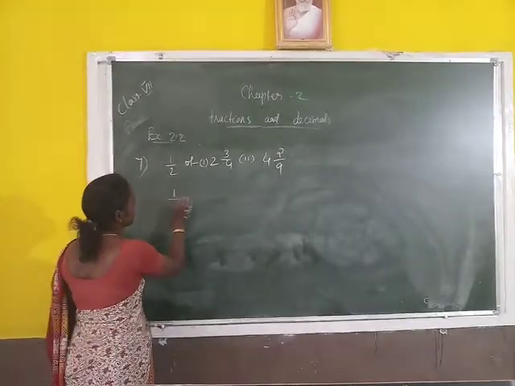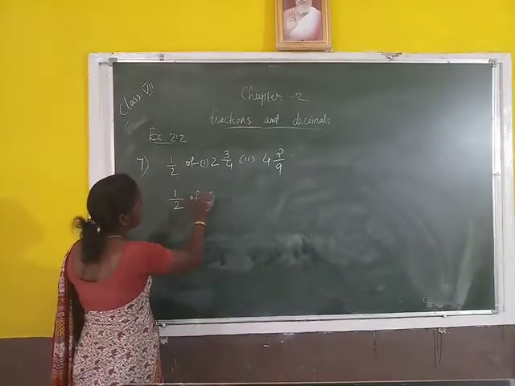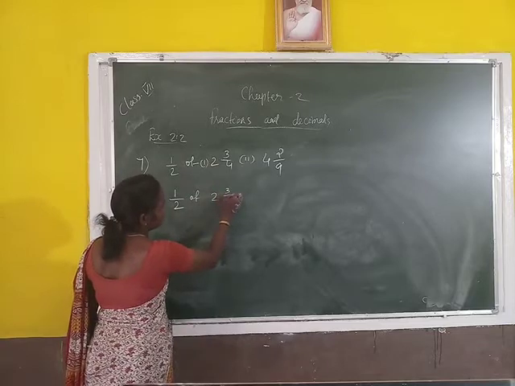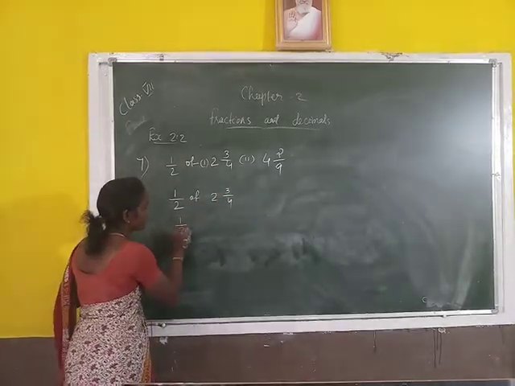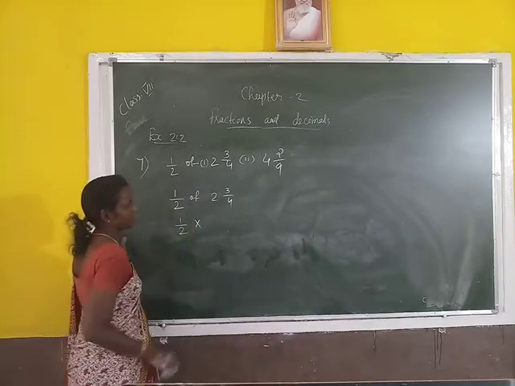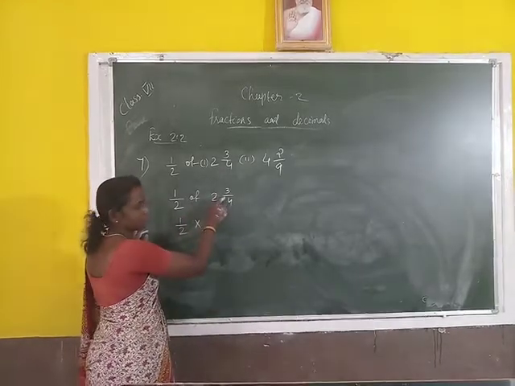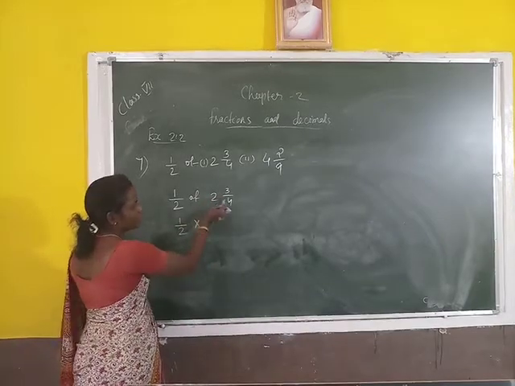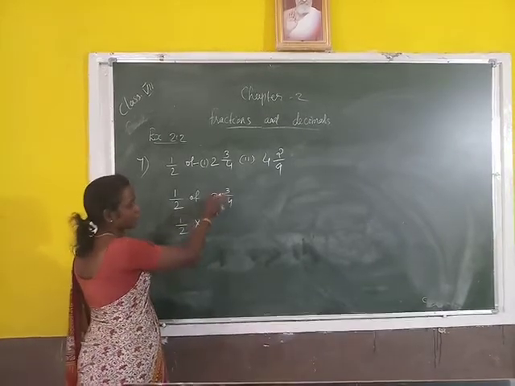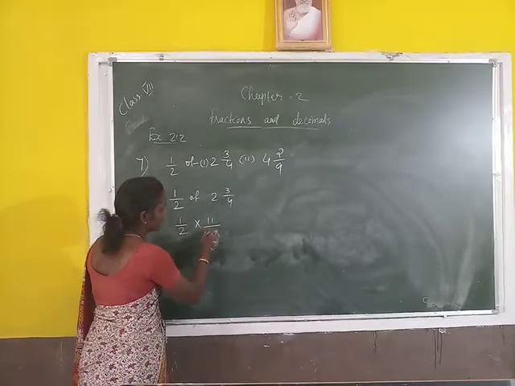Means half of 2 3 by 4. Then half of means which sign? Multiplication. Look, this is a mixed fraction. So mixed fraction convert into improper fraction. 4 2s are 8, 8 plus 3 is 11, 11 by 4.